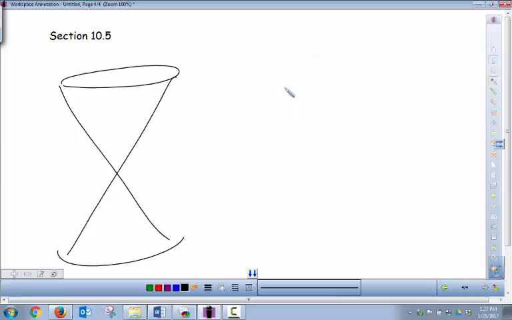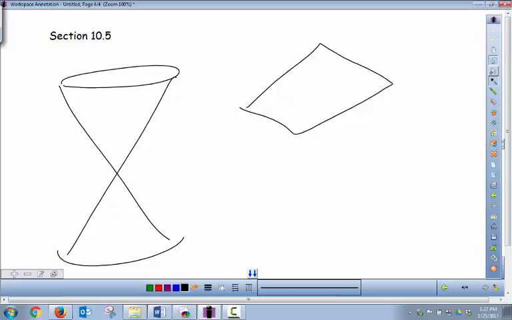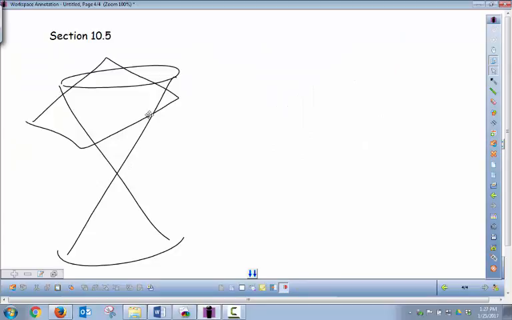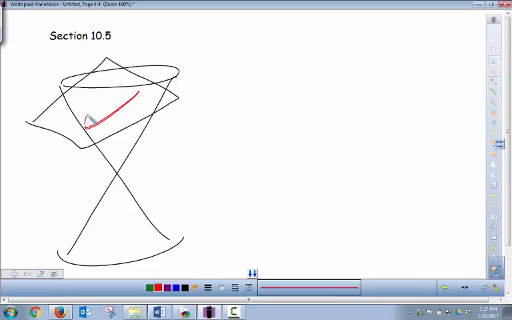Let me redraw that plane again. And depending on the tilt of the plane and how you cut it, you would get different shapes. So, for example, if you cut it with the same angle or slant as the side of the cone, you would get the intersection to be some sort of parabolic shape.